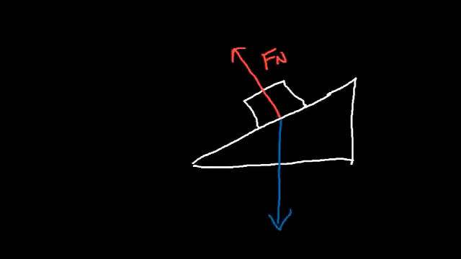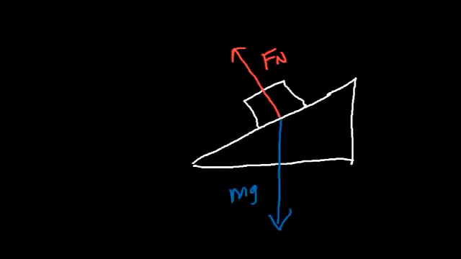So now let's move on into our next topic, and that is inclines. So let's say we have a block on this incline, what are all the forces acting on the block? So we have a normal force that is perpendicular to the surface, and we have a weight force, mg, and there's some other forces too.